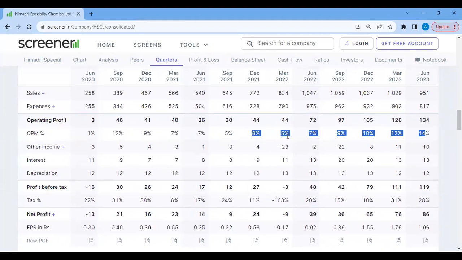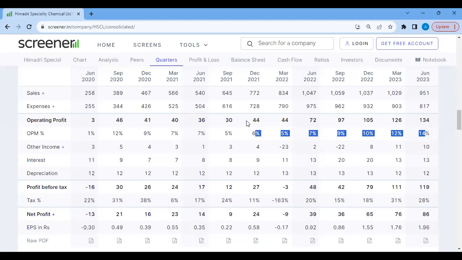You can see that this company had a 5% margin in March. The margin percentage tripled in June. So it's a very unstable business because the operating profit margin percentage is changing a lot, right? It is highly volatile, right?